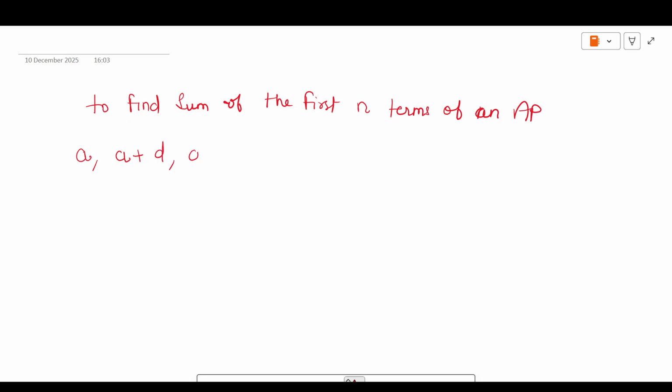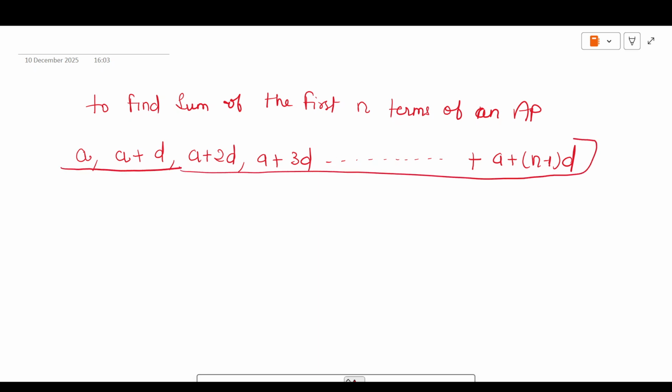A, A plus D, A plus 2D, A plus 3D, and up to A plus (n minus 1) into D. You know that? This is the first n terms of an AP.